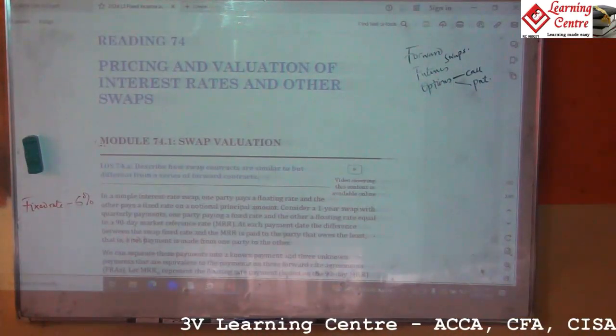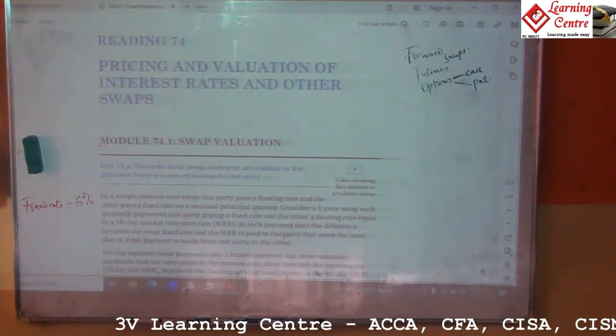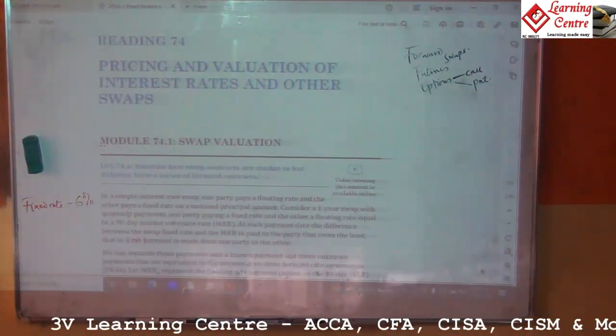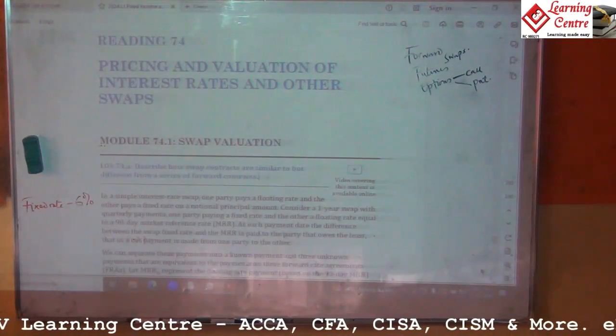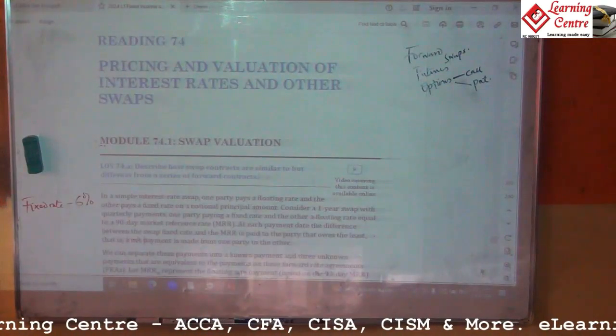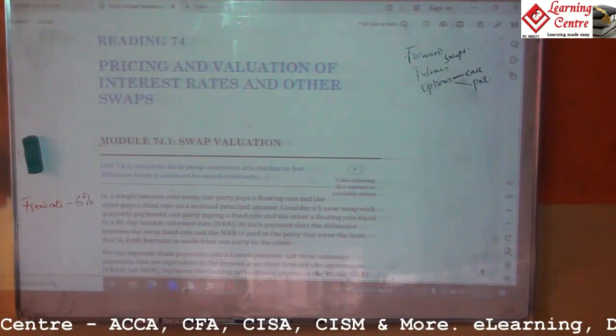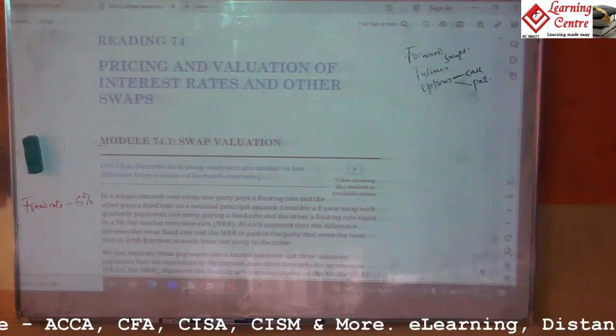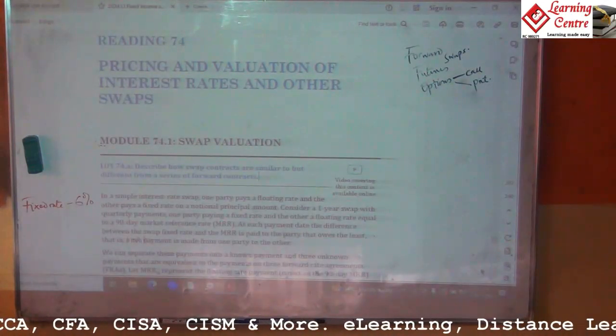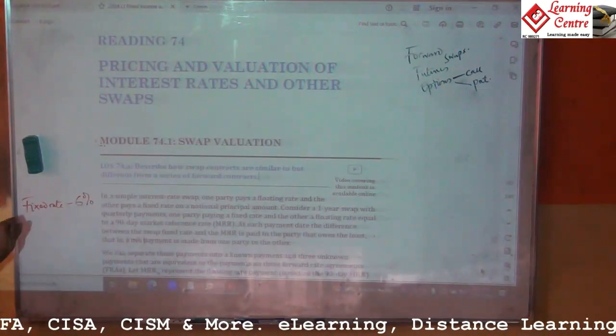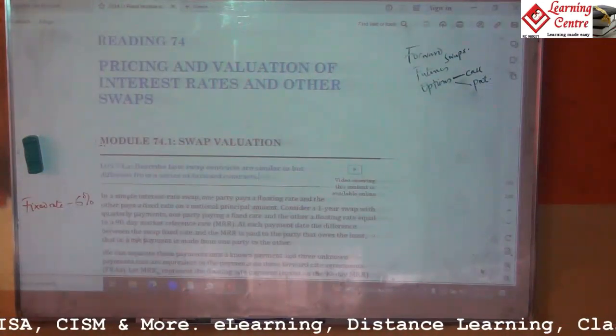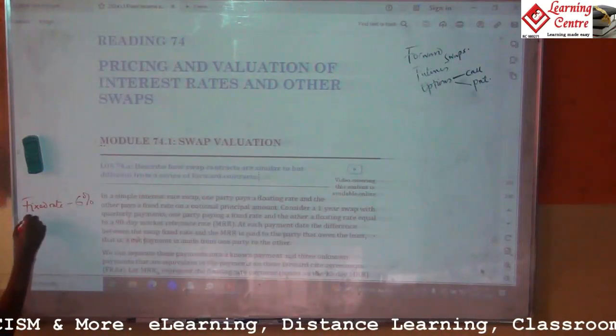Now I say, okay, I want to get a swap. So what does that swap do for me? I go and meet somebody and I say, okay, I have a loan I'm paying like 6%, but I want to do a swap with you. What does that swap entail? I will give you this fixed rate loan of 6%, you will be paying it, and I will pay you a floating rate.